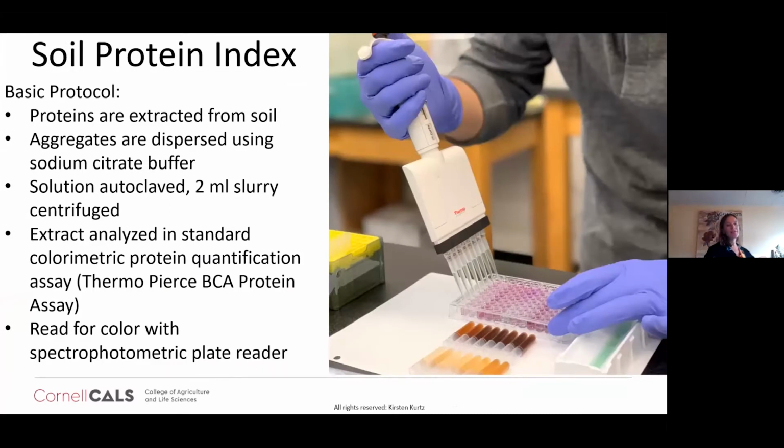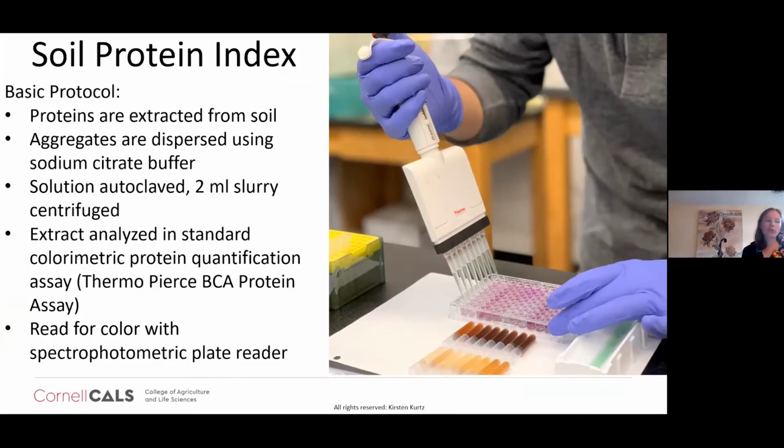So the way that we do this in the lab is somewhat complicated. This is actually our most complicated soil test, and this is starting to be picked up by other soil labs around the country and around the world. But in brief, we extract the proteins from the soil, and then those aggregates are dispersed using a sodium citrate buffer.